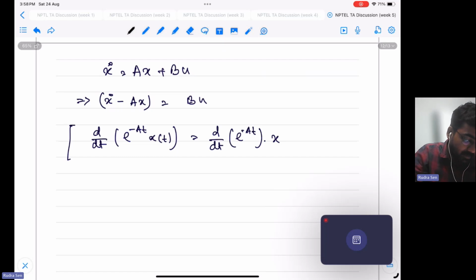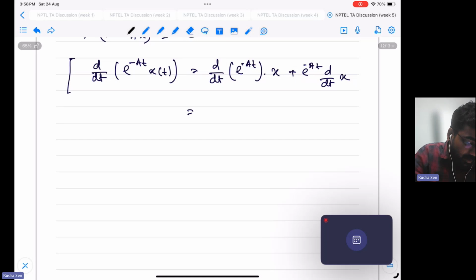Here e to the power minus At is basically the integrating factor. We have all studied about this, into x, right? So what we get is minus A e to the power At into x, and this is e to the power minus At into x.